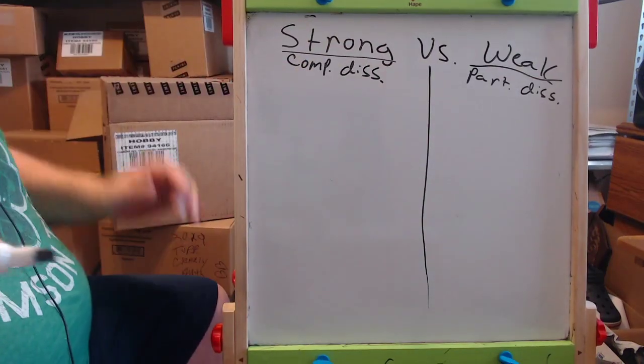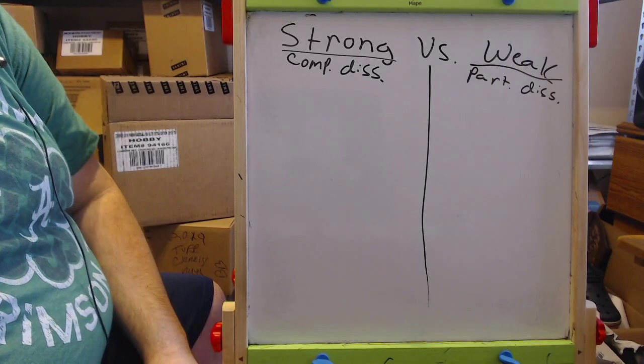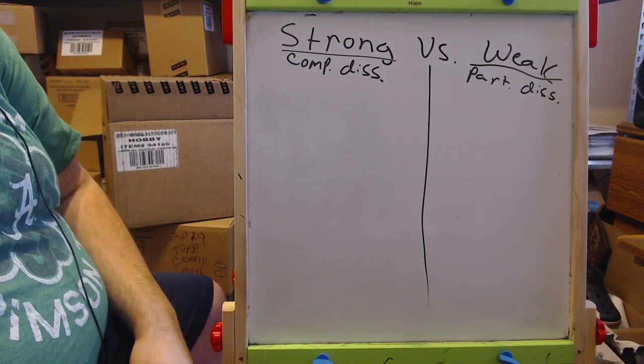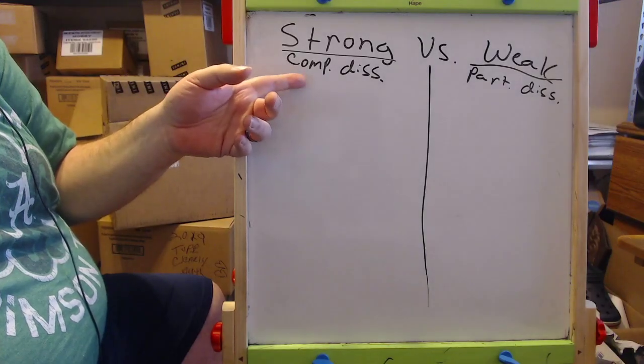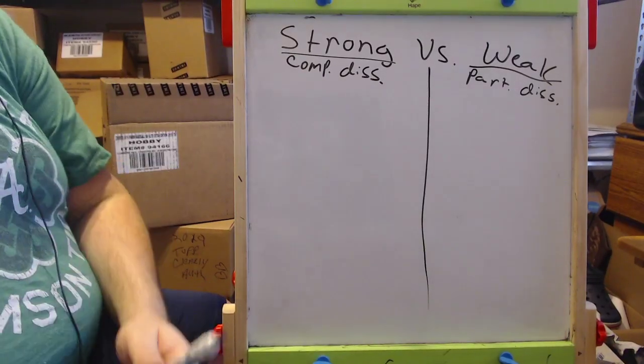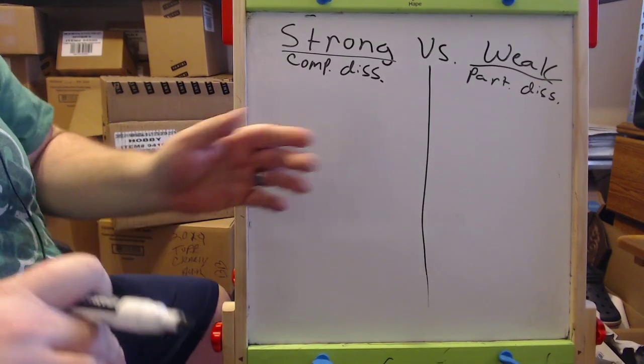So what that means is if I have 1 molar of a strong acid, then I'm going to get out 1 molar H3O+.